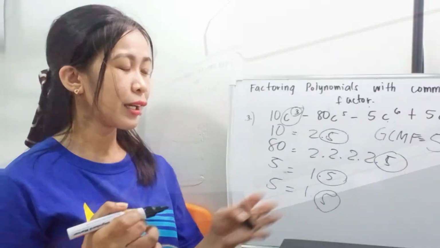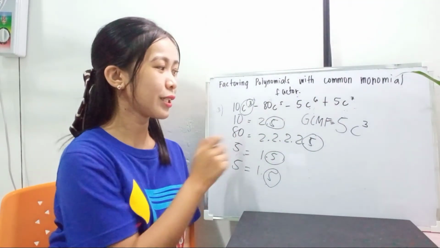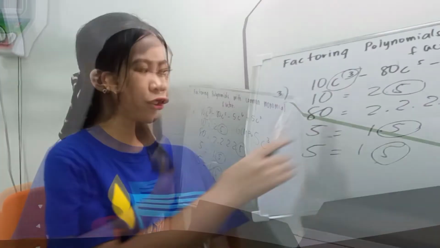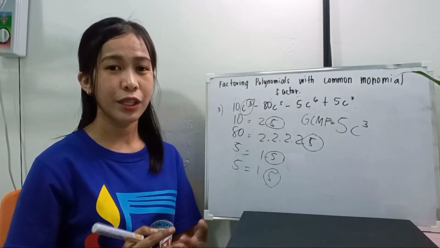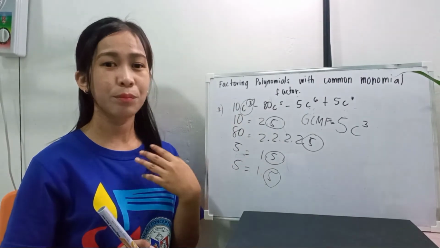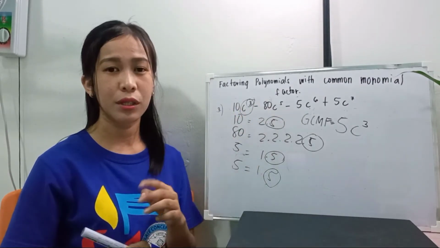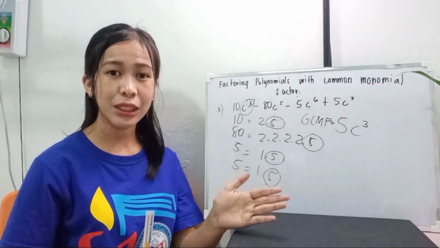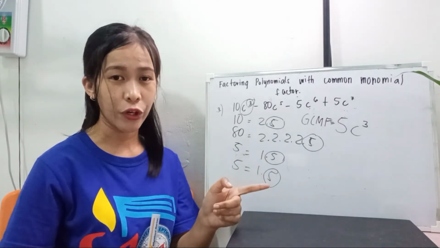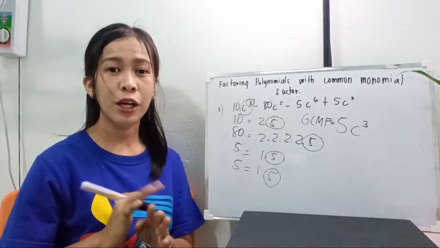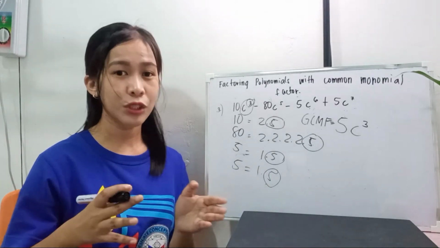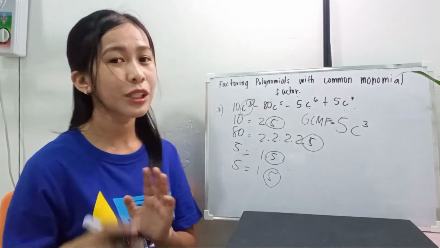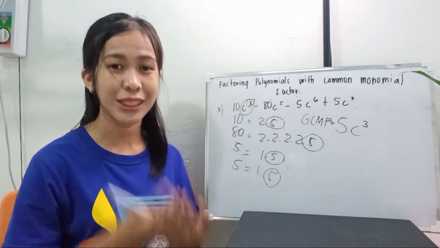That's how simple it is. So, from the variable itself, we just take the one with the smallest exponent. The same goes for the numerical coefficient. We just look for the smallest value among them, since 5 is the smallest value. So, there's a possibility that it is already the greatest common factor. But, sometimes, that's not the situation. So, you should already know how factors and factorization work.